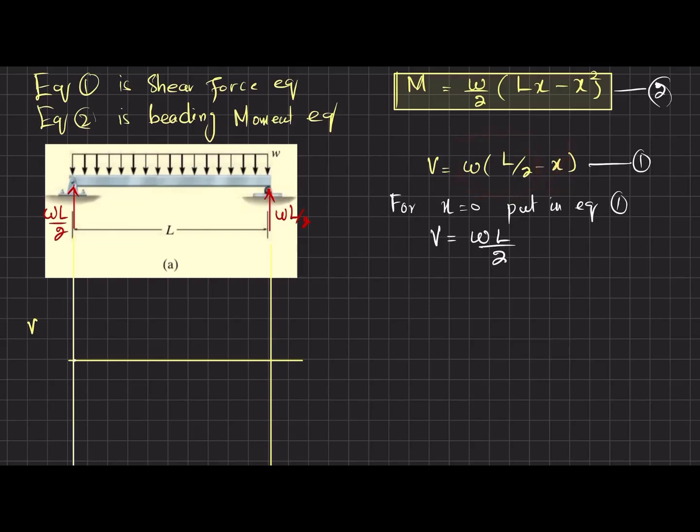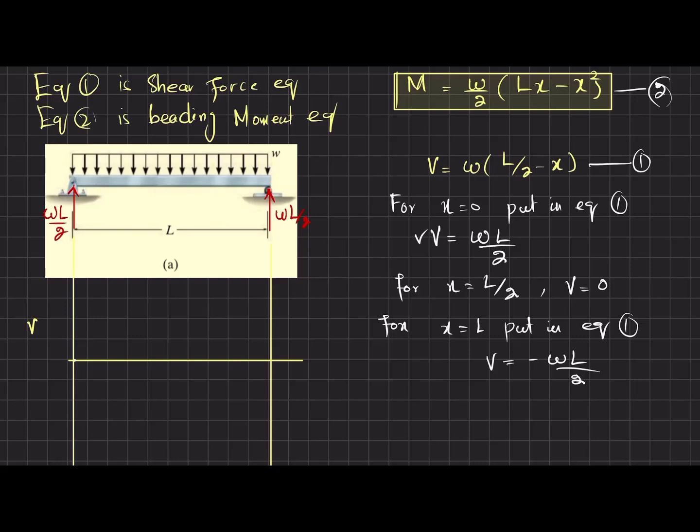Now for x is equal to L by 2. When you put x is equal to L by 2 in this equation, this term will be equal to 0, so V is equal to 0. Shear force will be equal to 0. For x is equal to L, put in equation 1, V will become equal to minus WL over 2. So you have three values.